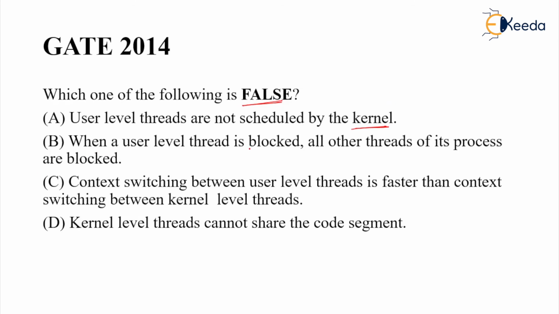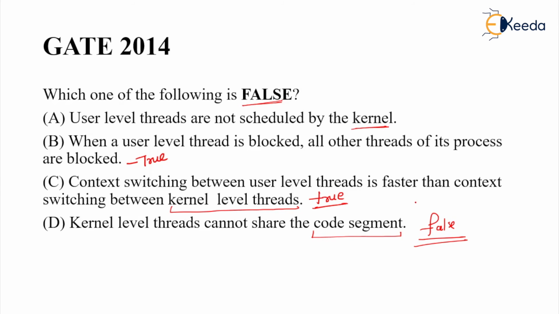When a user level thread is blocked, all other threads of its process are blocked. The statement is true. Context switching between user level threads is faster than context switching between kernel level threads. This is also true. Kernel level threads cannot share the code segment, and this statement is false.